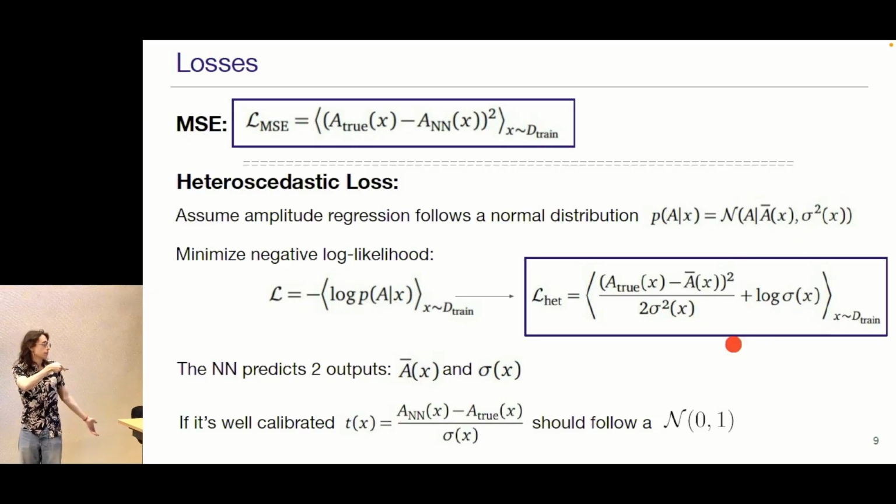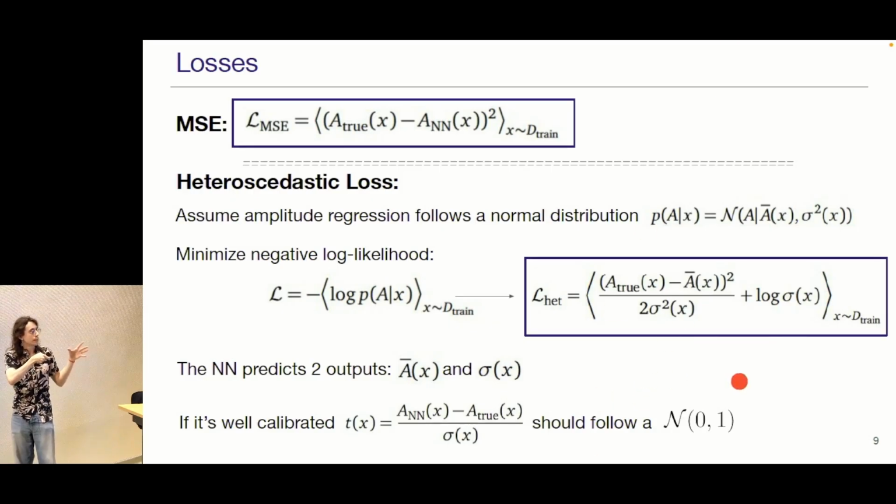You get these extra new terms with the uncertainty that kind of counteract each other. You can still minimize the loss by making your prediction closer to the true value, but you can also minimize it by having the uncertainty be the correct calibrated one, because you don't want it to be too high, since if not, this blows up, and if it's too small, this blows up.